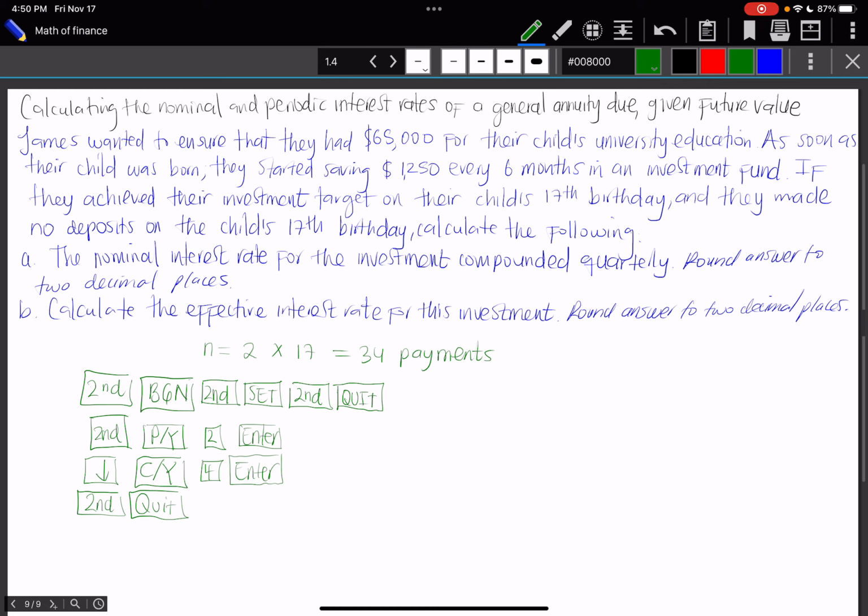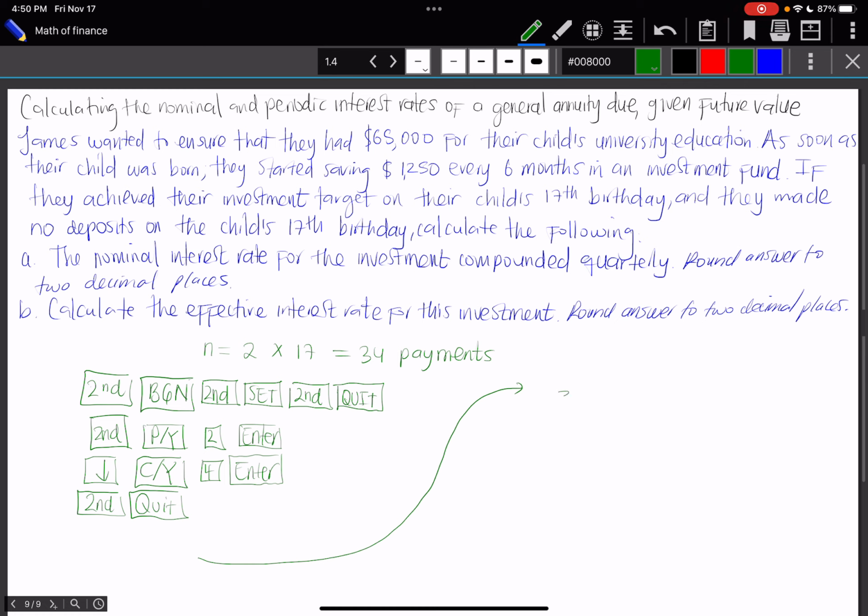Now we want to continue with the following, so let's continue over here. We're going to tell the calculator that the total number of payments is 34.